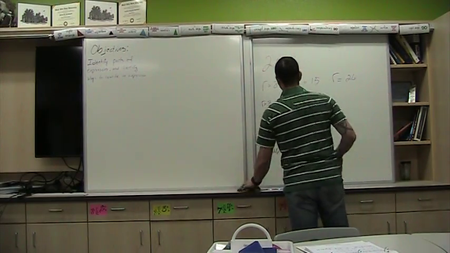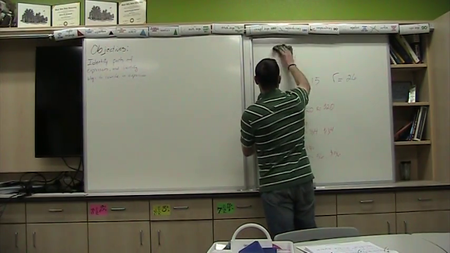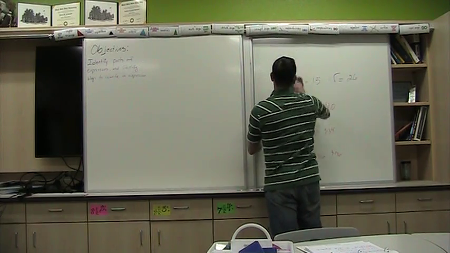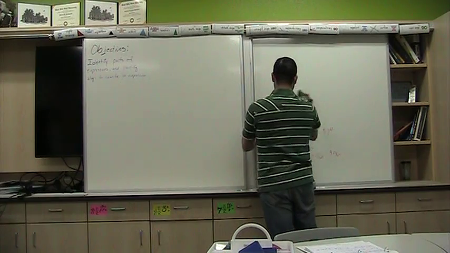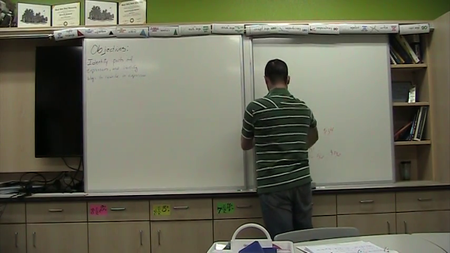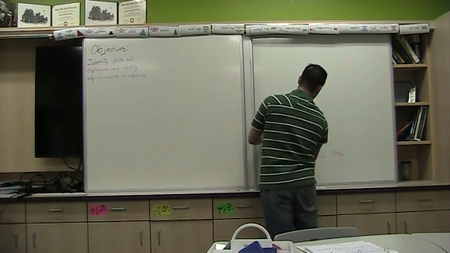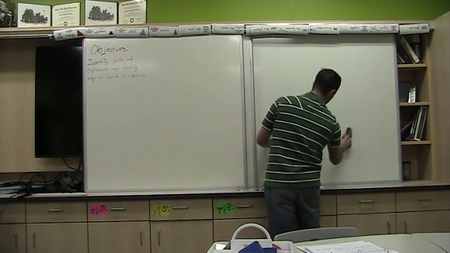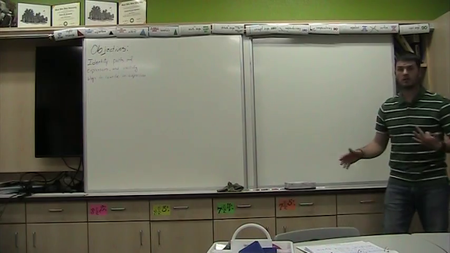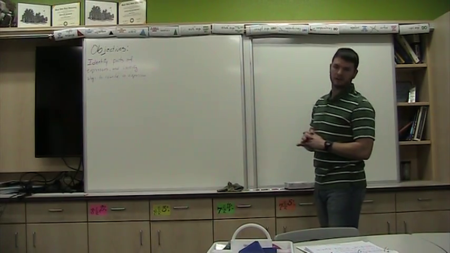Okay, so we know that an expression is made up of terms, and there's variables inside the expression, and that is what we are looking for to solve the expression.